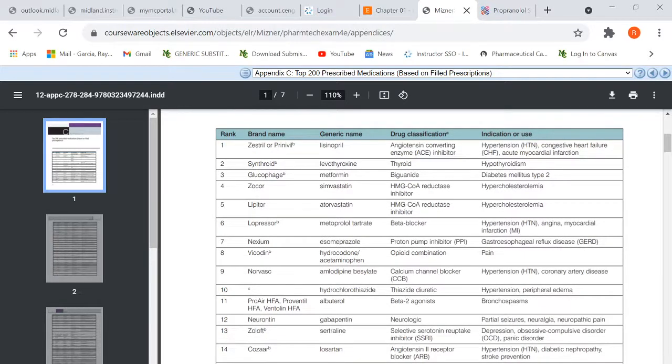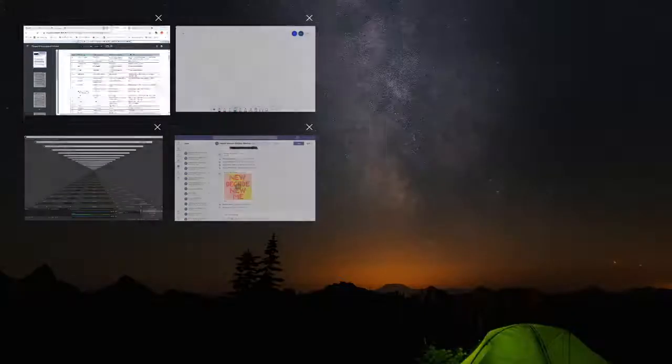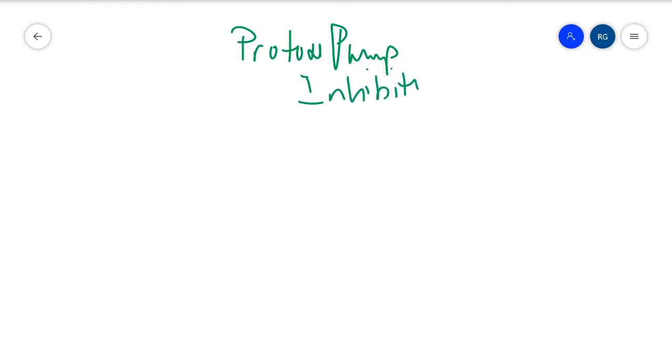All right, let's look at esomeprazole, which is brand name Nexium. It's a proton pump inhibitor, PPI. It's for gastroesophageal reflux disease, or GERD. So its drug class is proton pump inhibitor, and this is for the digestive system.